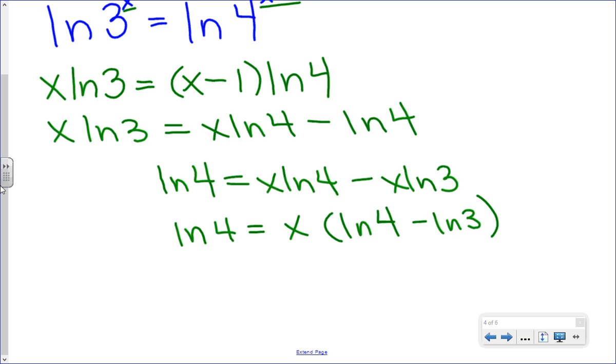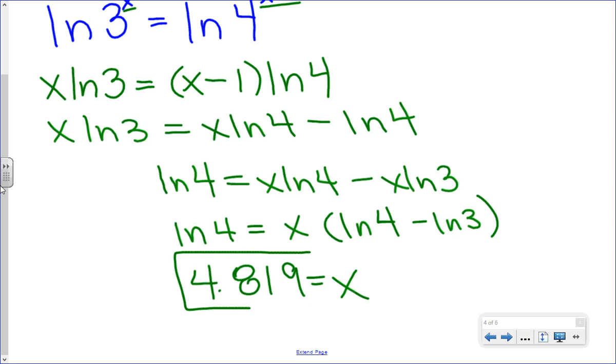So now to get x by itself, in your calculator, you need to take the natural log of 4, and you need to divide it by the quantity natural log of 4 minus natural log of 3. Get 4.819.